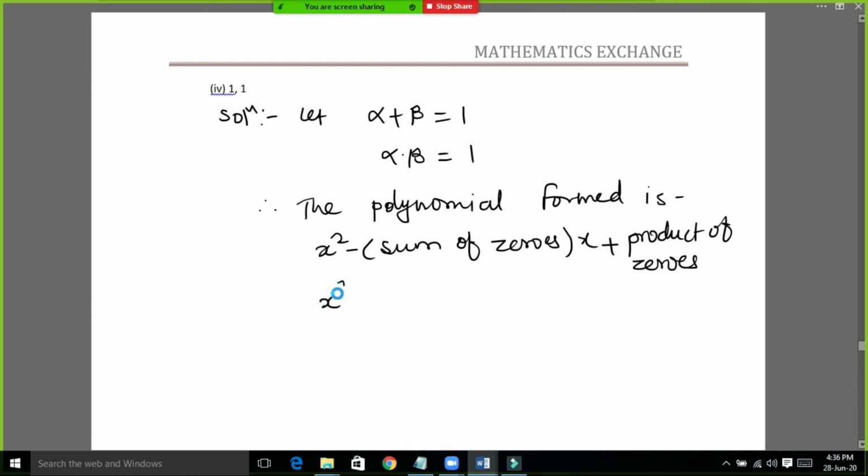Substitute values here. X square minus sum of zeros, which is 1, so 1 into x plus product of zeros, which is 1. So we get the required polynomial, that is x square minus x plus 1. So this is the required polynomial.